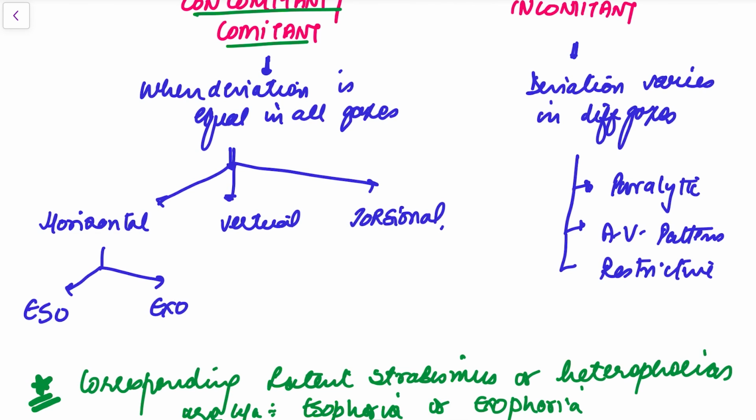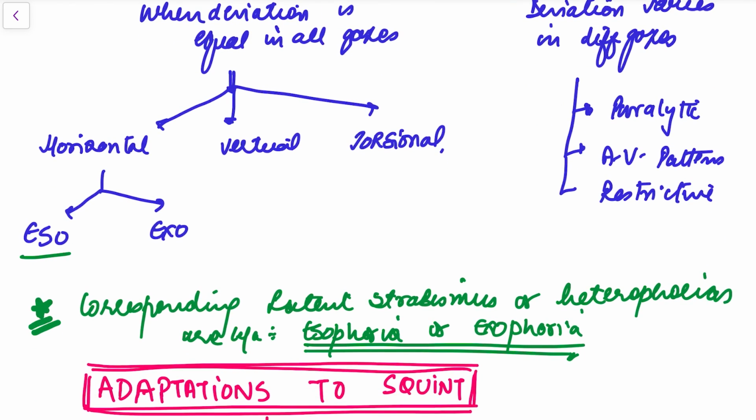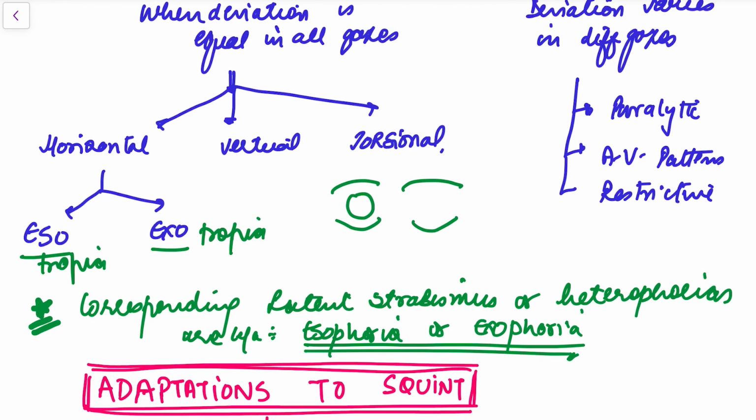Horizontal is evident from its name: the deviation is present in the horizontal direction. That can be eso or exo. So what does that mean? Esotropia or exotropia. For example, this is the right eye and this is the left eye.